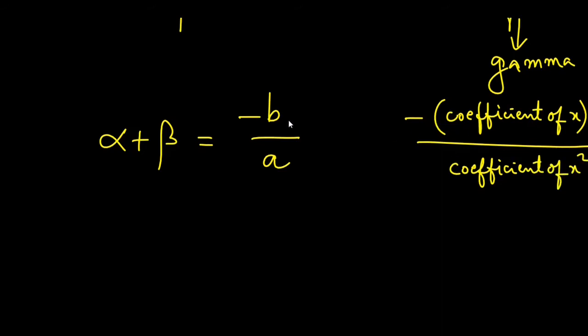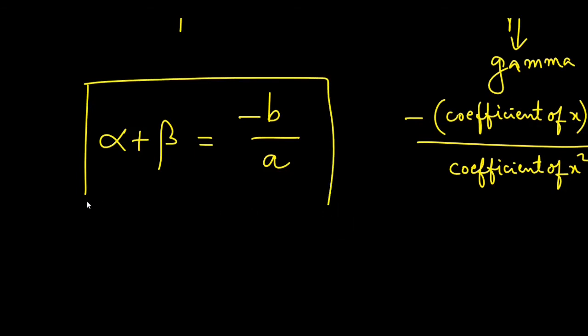Coefficient of x is b. Coefficient of x square is a. So alpha plus beta is minus b by a.